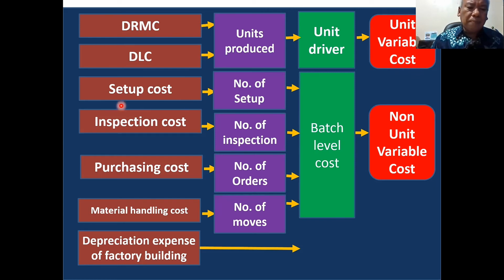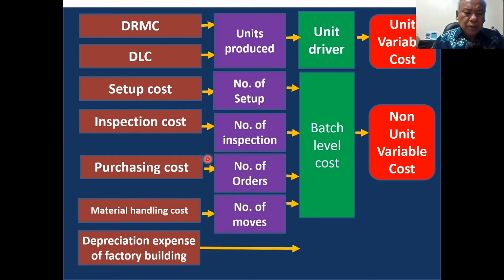How about setup costs? If we link them to the number of setups, they will change, because the more setups, the more setup costs. Also for the inspection costs, if we link to the number of inspections, they will also change: the more inspections, the more inspection costs.